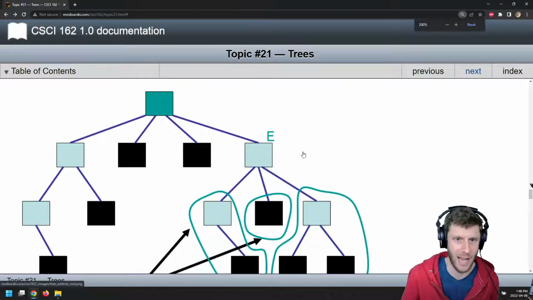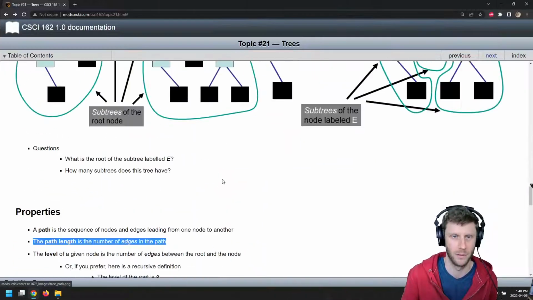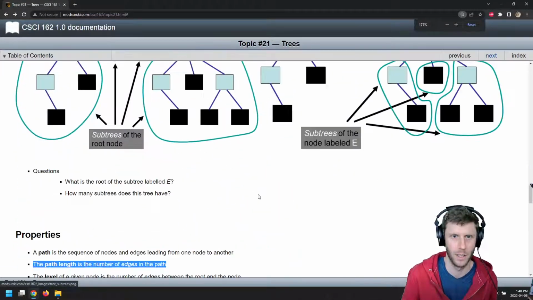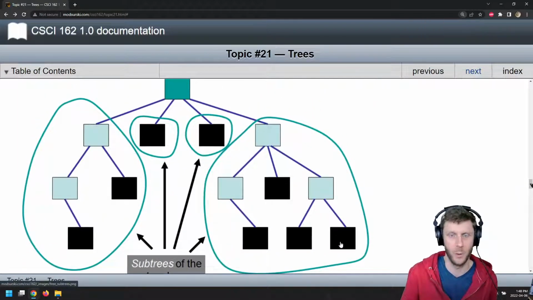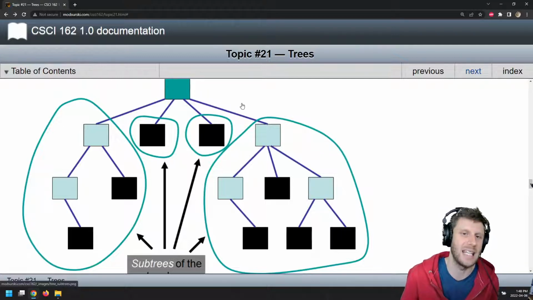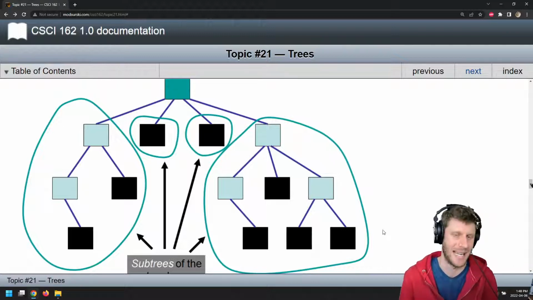If I'm looking for the path between the root and this one, the path goes here, here, here, here. But the length is the number of edges. 1, 2, 3. So even though there's 4 nodes in the path, the length is 3.